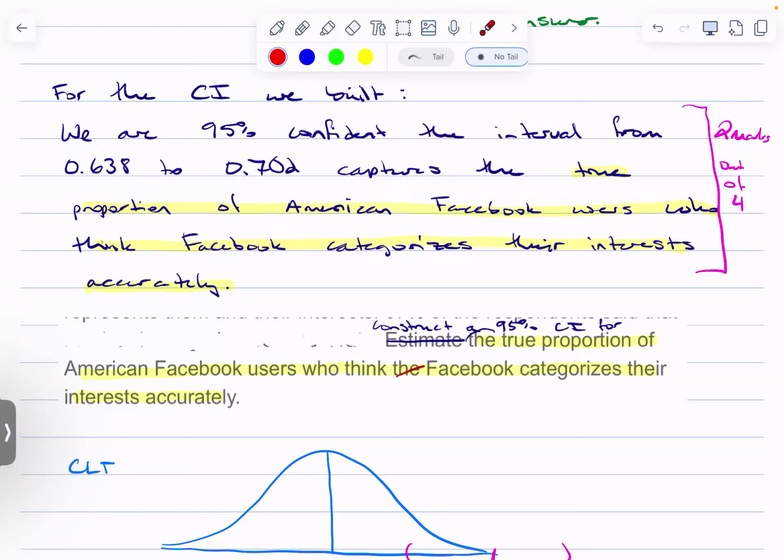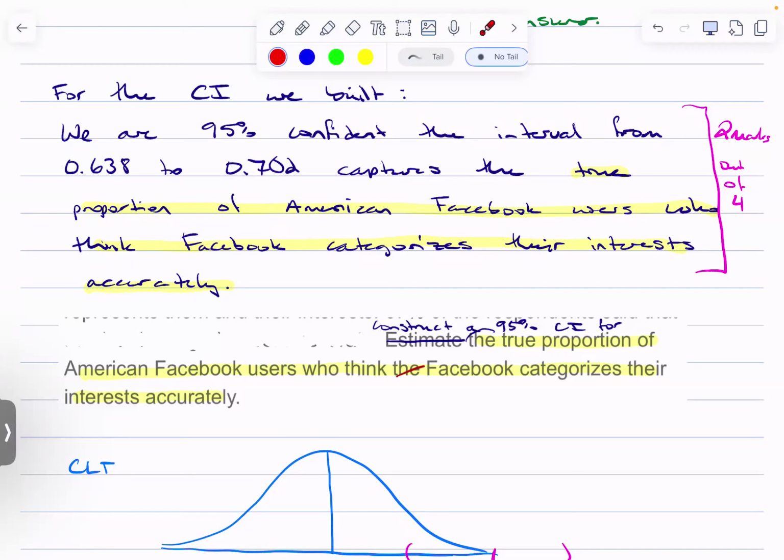That's why we're only 95% confident, and why it's so important that you say captures, or some other indication that you understand that the population proportion is fixed.